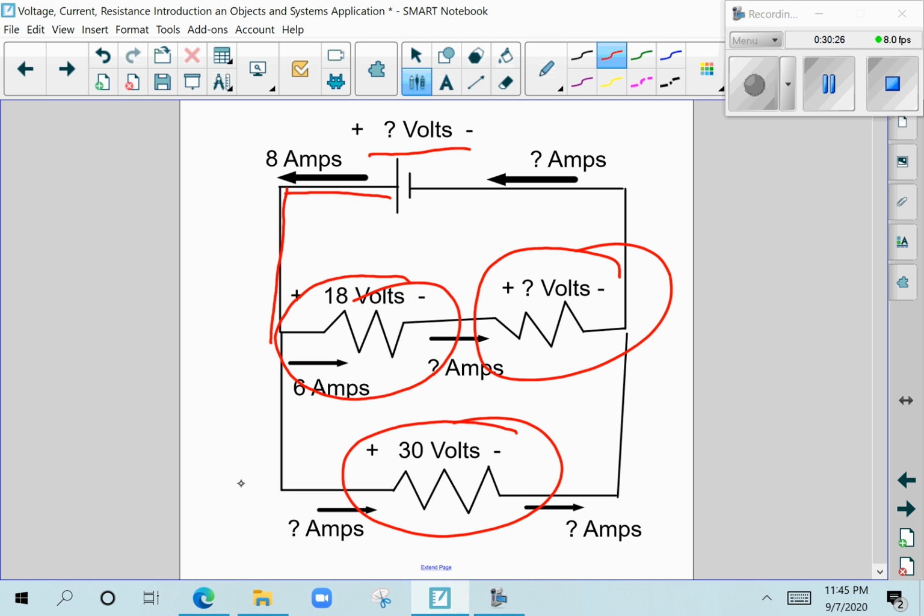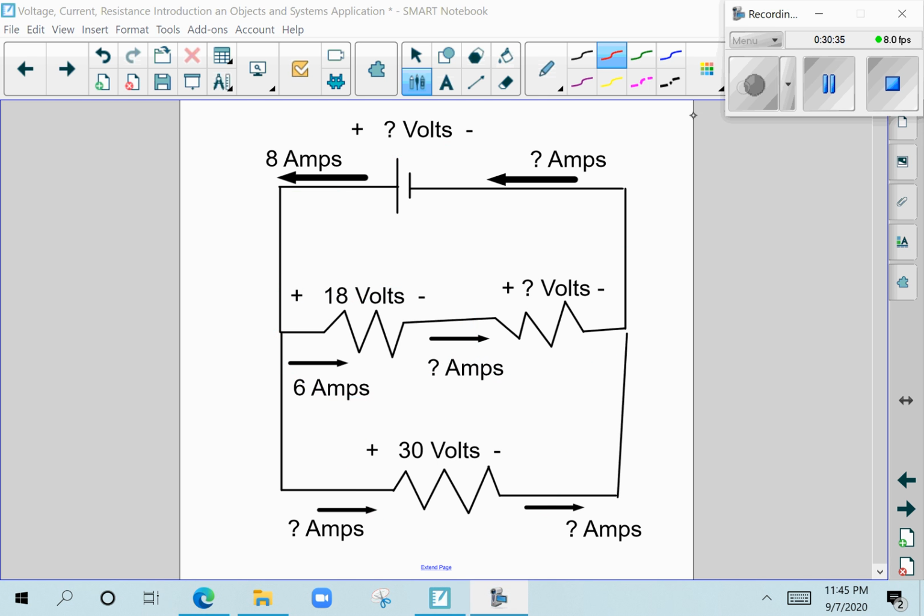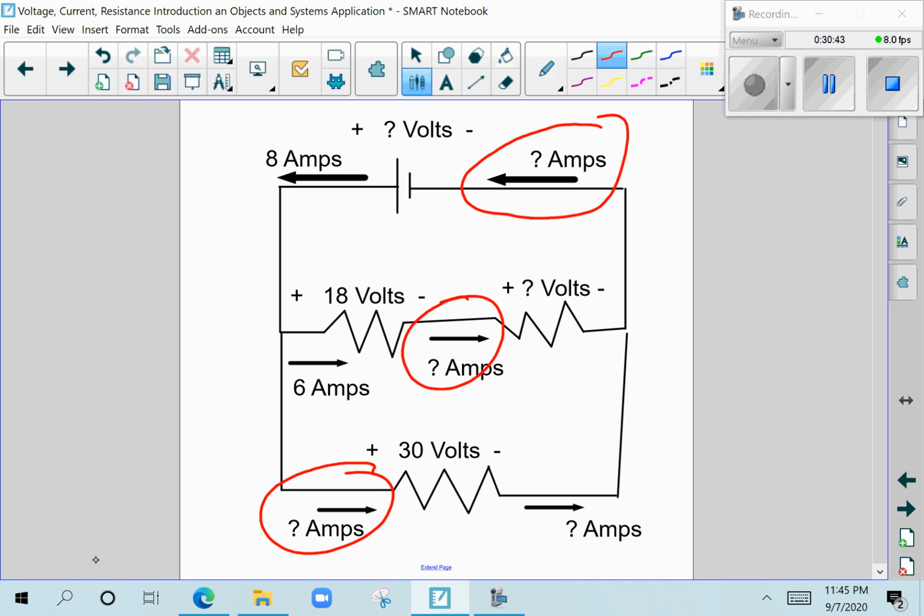And I have to try and figure out now the voltage of the battery, the currents that are flowing into the battery, and over here in this resistor, as well as the current flowing through this resistor. And I need to find out what the voltage of this resistor over here is.